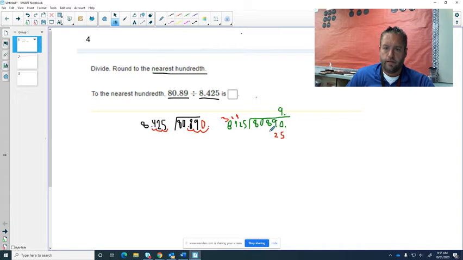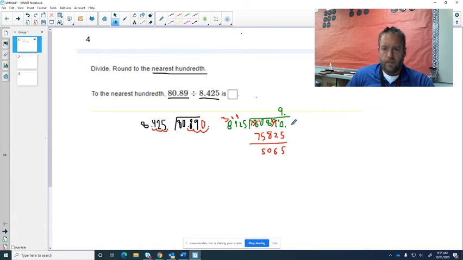So we carry our 3. 9 times 8 is 72, plus 3 is 75. Now to subtract, borrow from the 9 and make it an 8, 10. 8 minus 2 is 6. 8 minus 8 is 0. 10 minus 5 is 5.